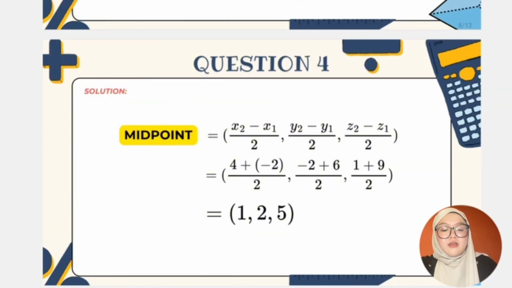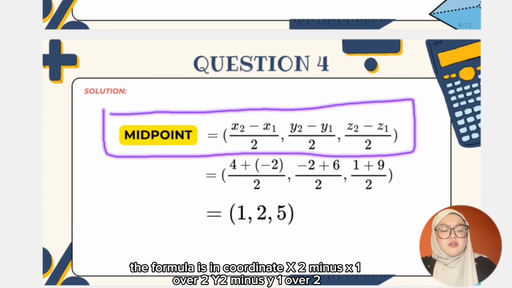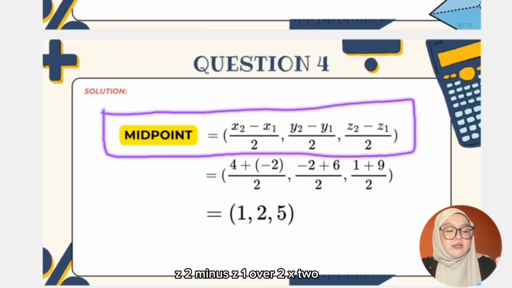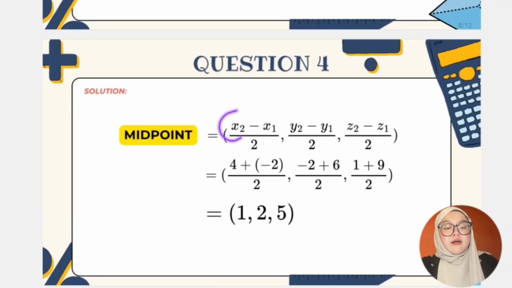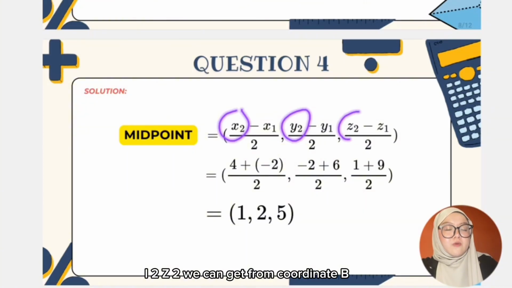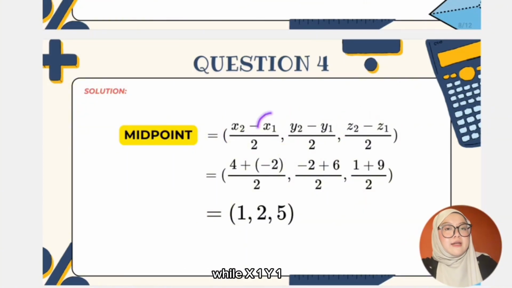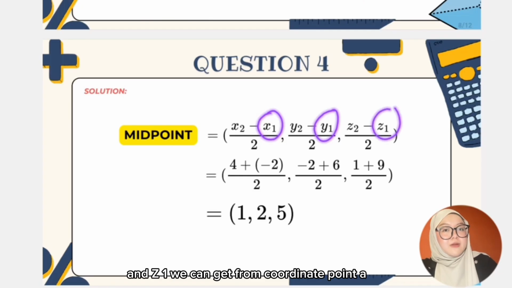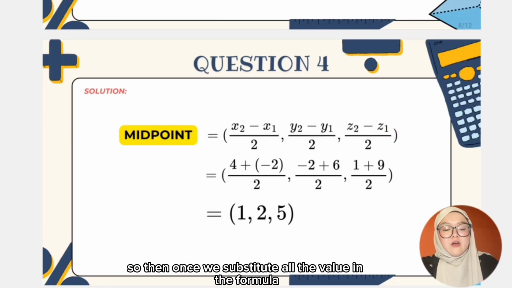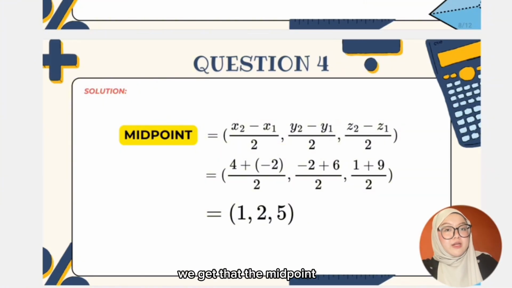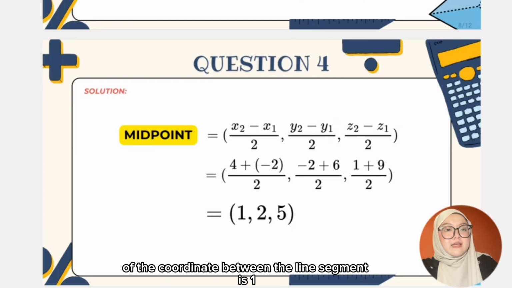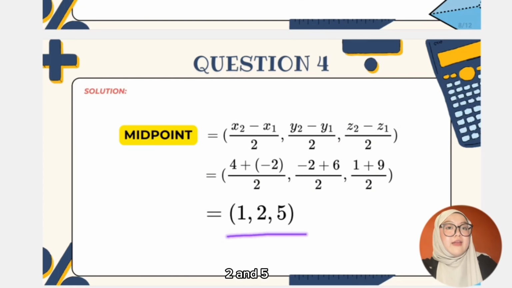The formula is the coordinate ((x2 minus x1) over 2, (y2 minus y1) over 2, (z2 minus z1) over 2). x2, y2, z2 we can get from coordinate B, while x1, y1 and z1 we can get from coordinate point A. Once we substitute all the values in the formula, we get that the midpoint of the line segment is (1, 2, 4).